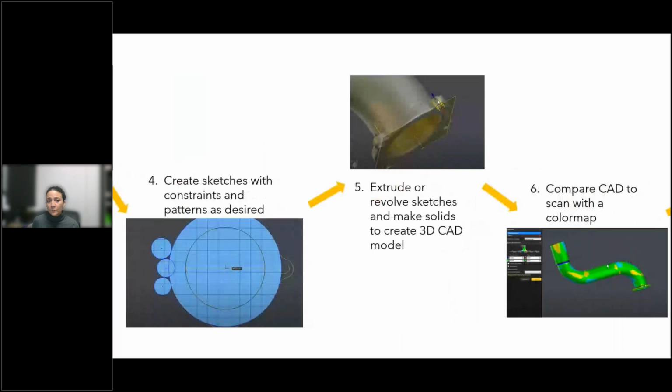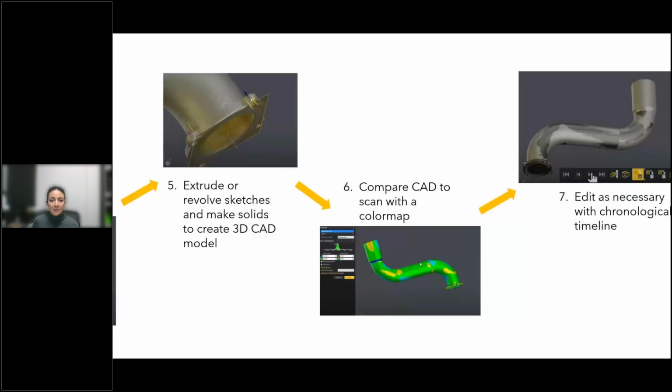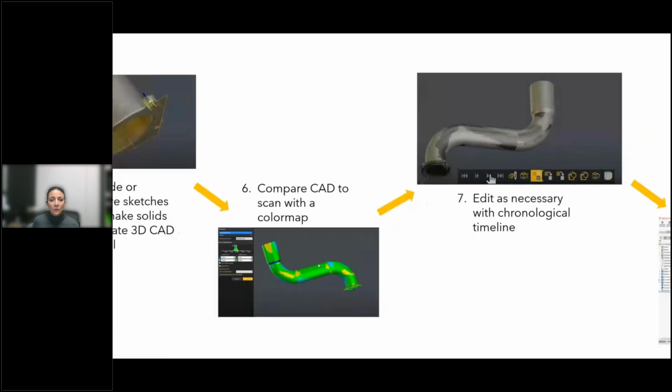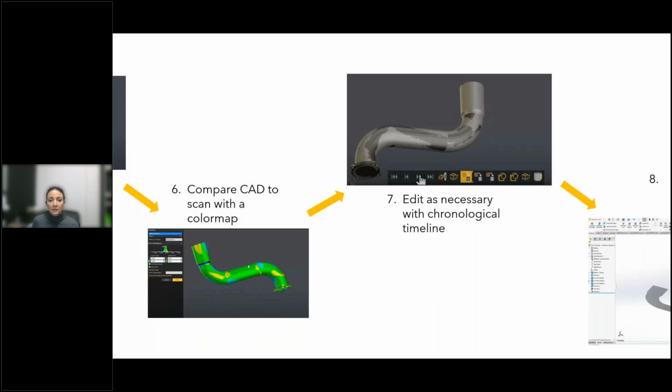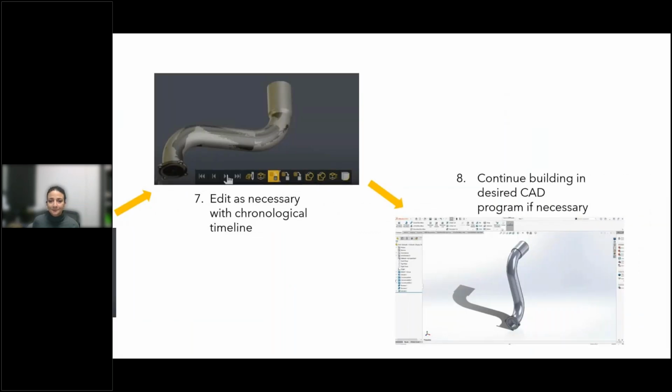Then step 5, we'll extrude or revolve sketches and make solids to create our 3D CAD model. In step 6, we'll compare CADs to our scan with a color map. And then step 7, we'll edit as necessary with the chronological timeline, depending on what that color map was showing us. And then lastly, we'll continue building in our desired CAD program if necessary.